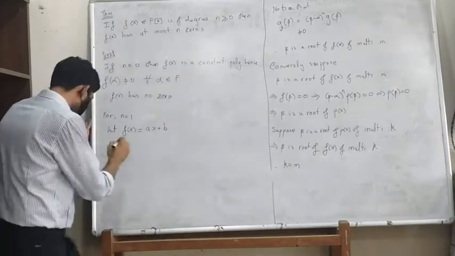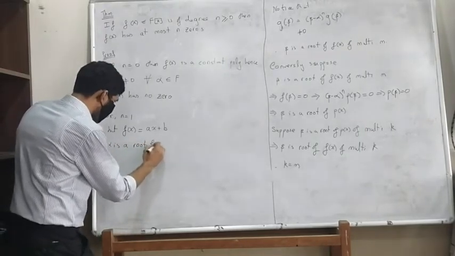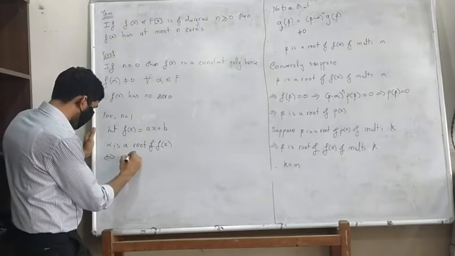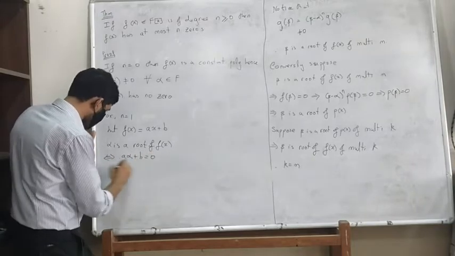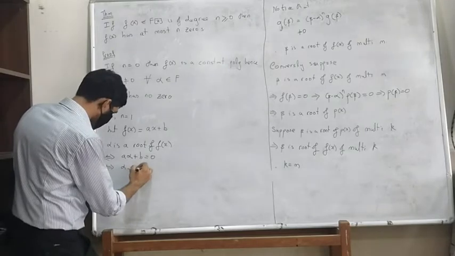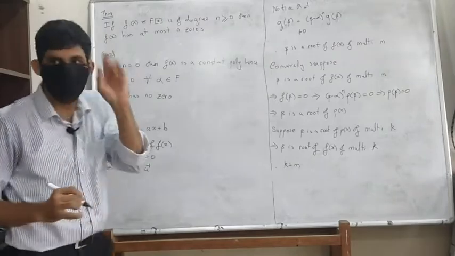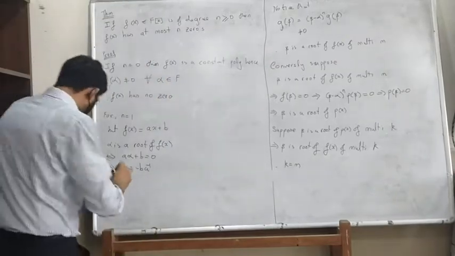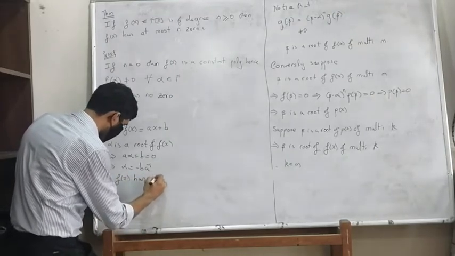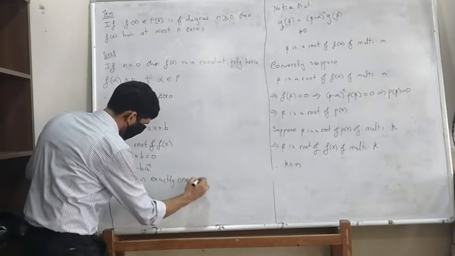So alpha is a root of f of x if and only if a alpha plus b is equal to 0, which happens if and only if alpha is equal to minus b times a inverse. So this tells us that there is only one root. Therefore f of x has exactly one zero.